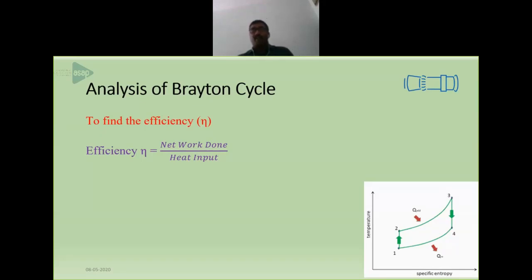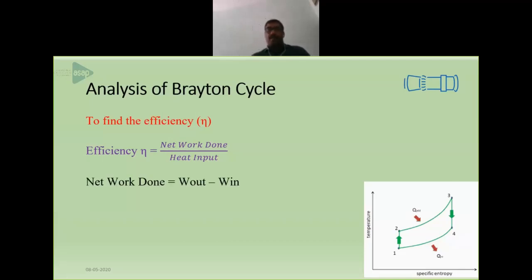It is not the work produced by the gas turbine alone, because the turbine is producing energy, but part of which is consumed by the compressor. So the difference in these two is the net work done, divided by the heat input. Already I have mentioned there will be supply of fuel. Fuel and its calorific value will determine what is the heat input. So based on that, you will get the efficiency.